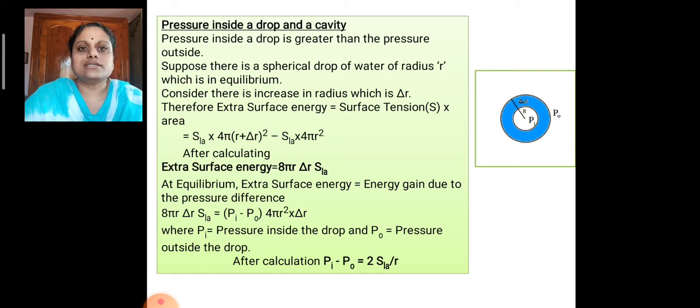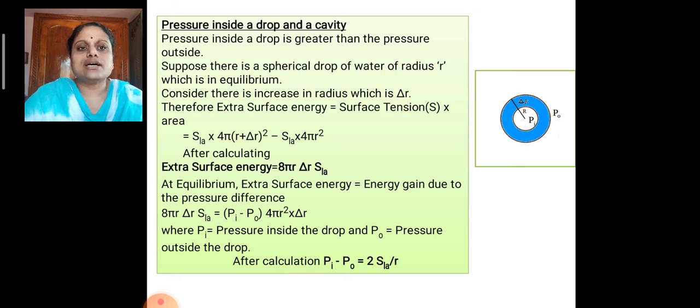Now let us discuss the pressure inside a drop and a cavity. The pressure inside a drop is greater than the pressure outside. Let us take a spherical drop of water of radius r, which is in equilibrium. Consider that there is an increase in radius, which is delta r.